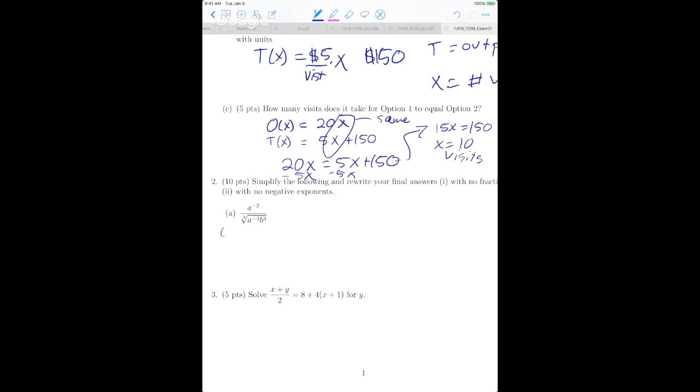So first we have to get it with no fractions in the base, that is. In option 2, no negative exponents. Okay, so first of all, let's get this guy simplified.